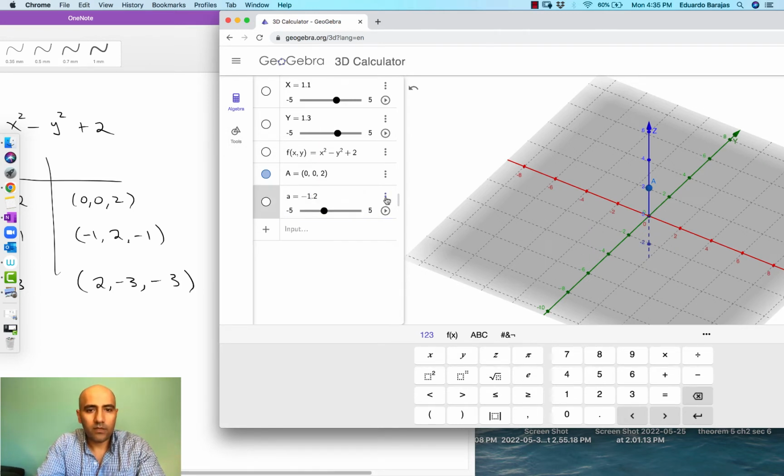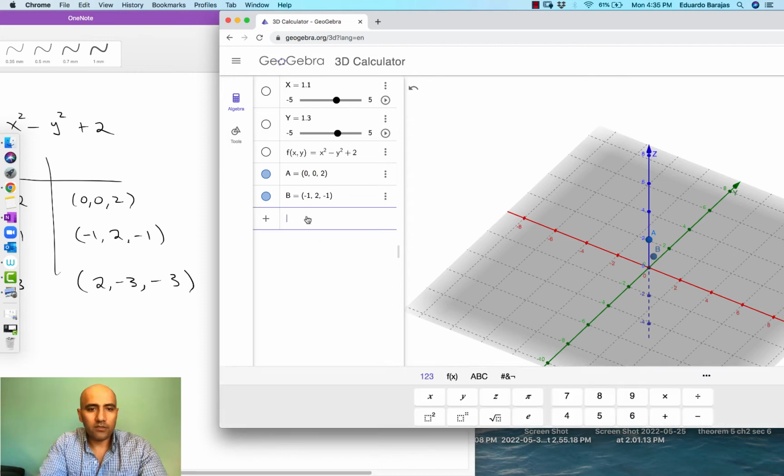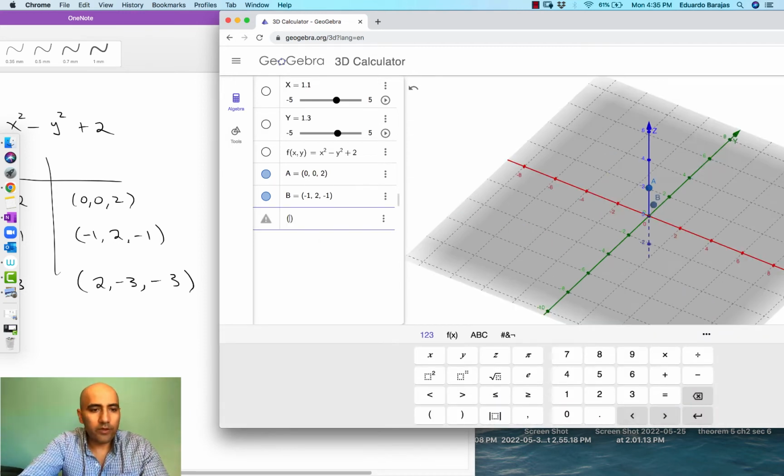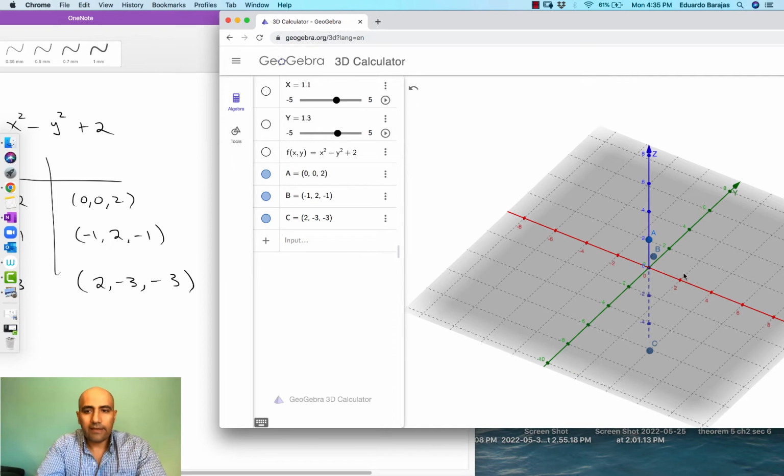No, that didn't work. Parentheses, -1, 2, -1. Looks better. 2 points. And then we go for a third point, about (2, -3, -3). That gives us 3 points.